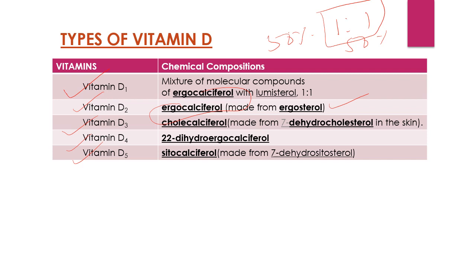Vitamin D3 is cholecalciferol made from 7-dehydrocholesterol in the skin. D4 is commonly known as 22-dihydroergocalciferol.